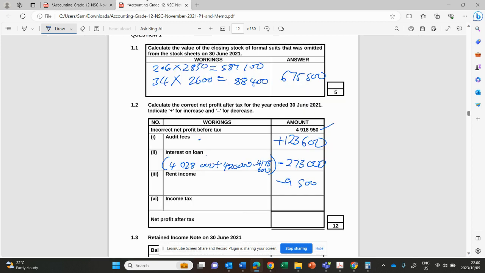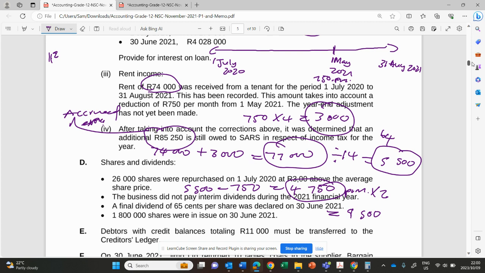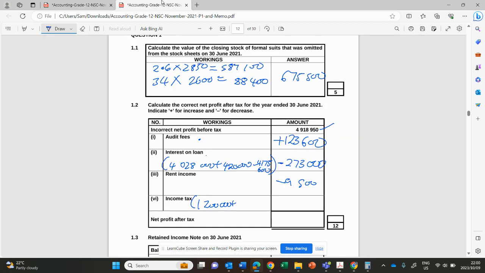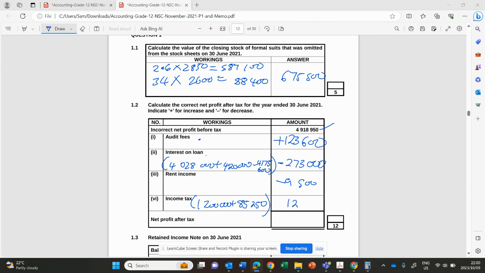So you say 1,200,000 and you add the additional amount owed to SARS, which is 85,250. Then we get 1,285,250.